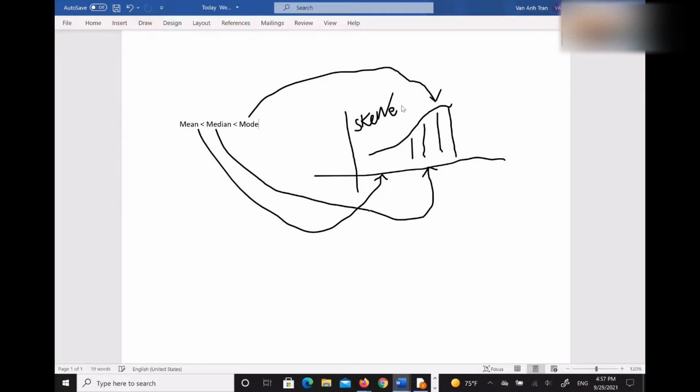Skewed left means that the tail is to the left. You look at the tail, okay? Skewed left, you can say that this is a negative skew. All right. Let's move on to the next question.